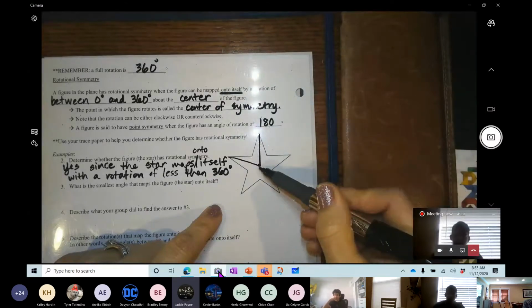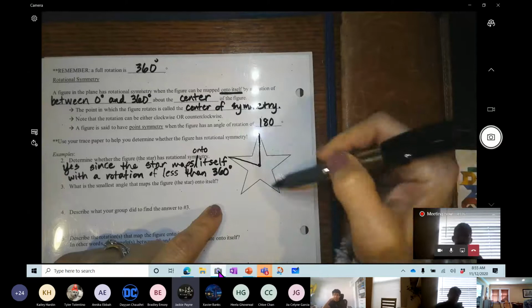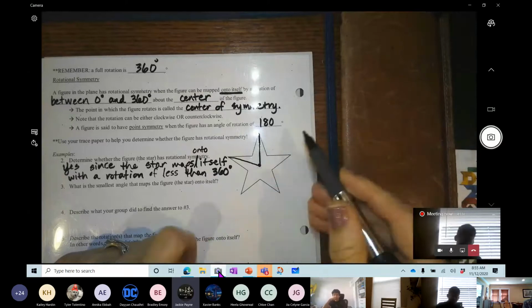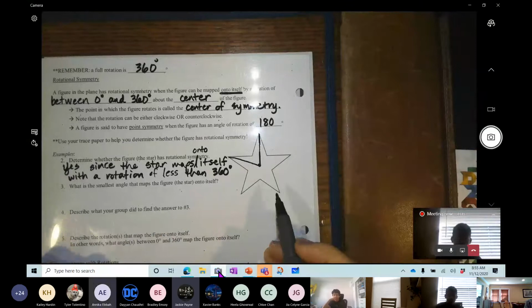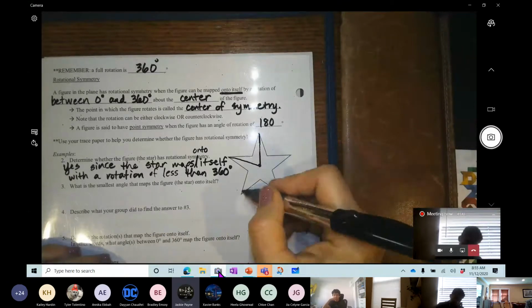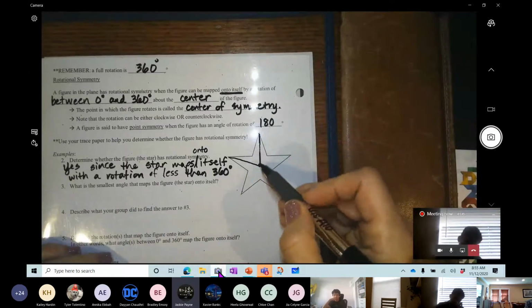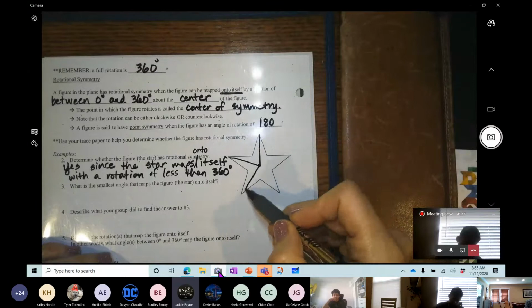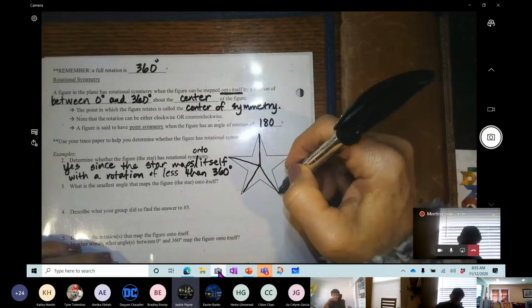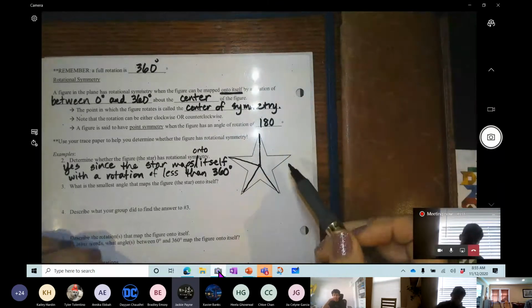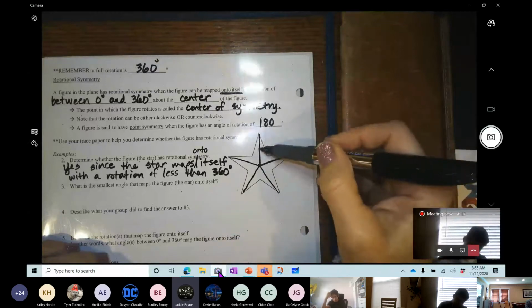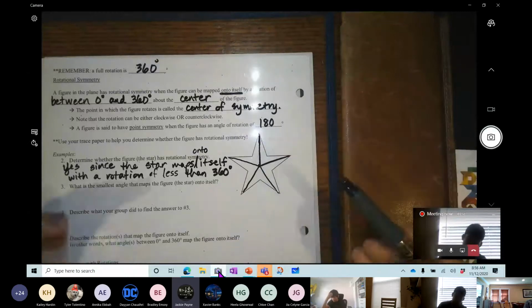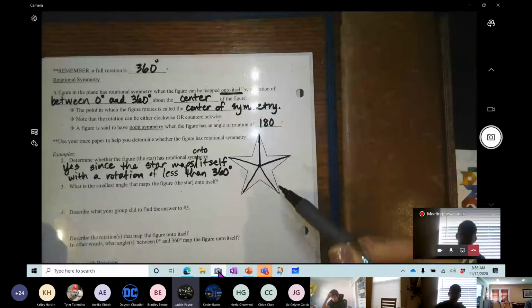It'll also look the same if you do it here and here and here. So to determine this, it can be mapped onto itself once, twice, 3, 4, and then technically 5 times. So 5 different times you can do this.